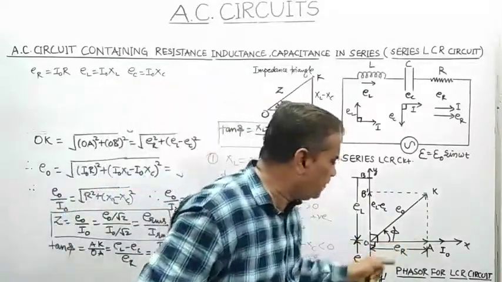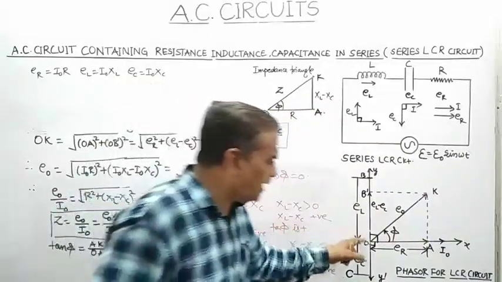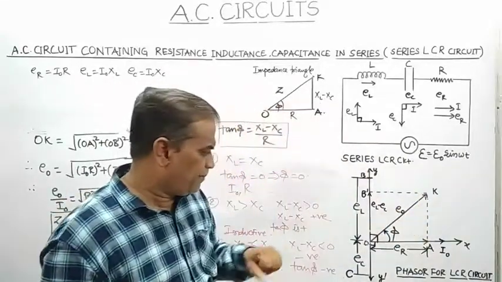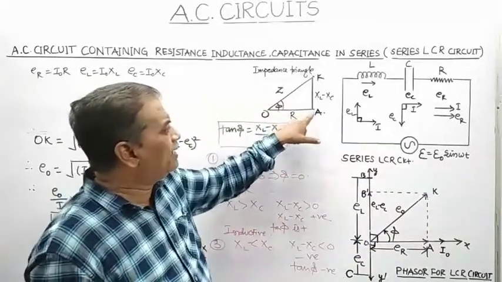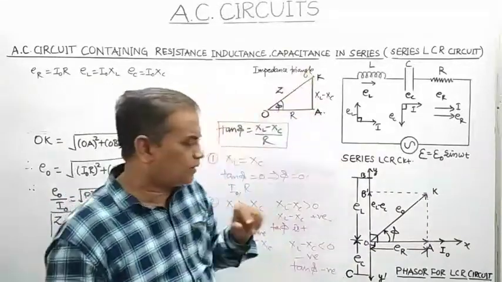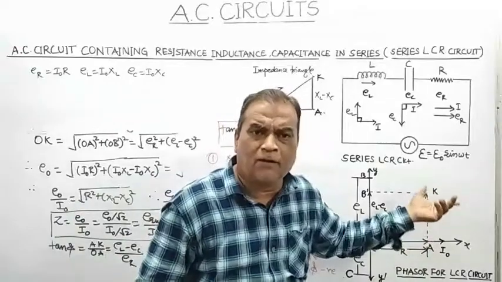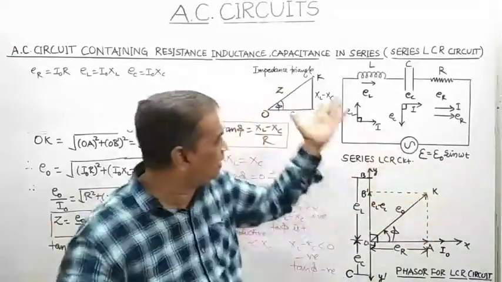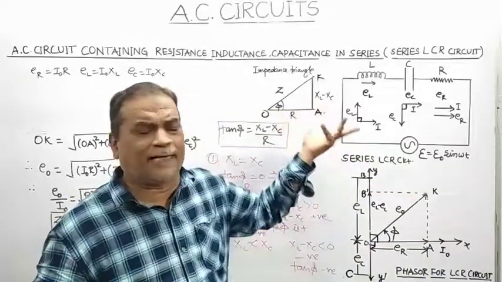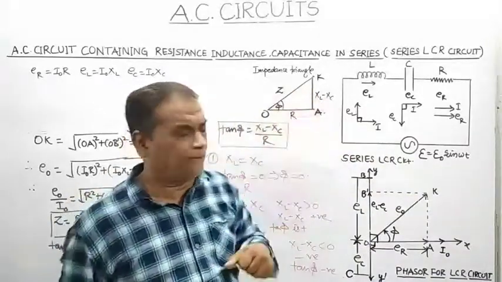So in right angle triangle OAK, base OA represents the ohmic resistance R, while height AK represents simply the reactance. Here particularly inductive reactance because XL is greater than XC.